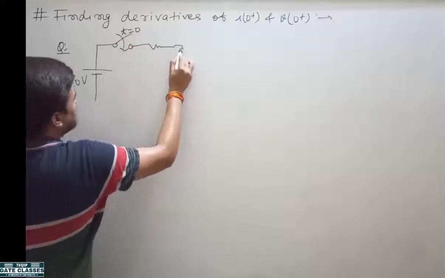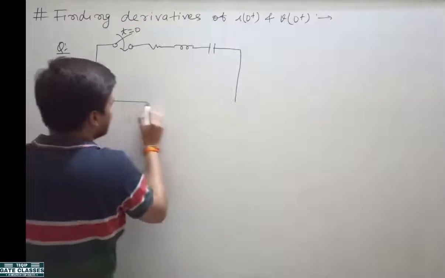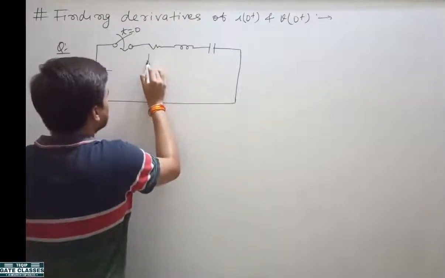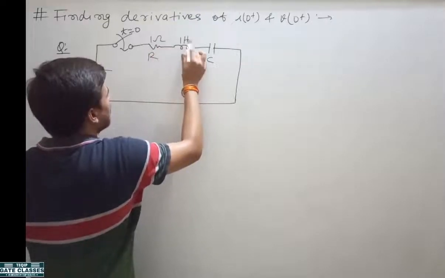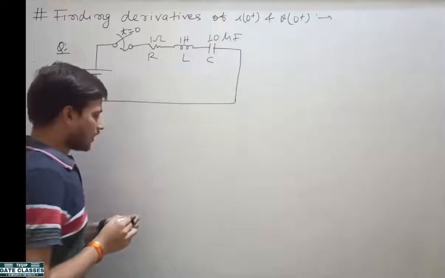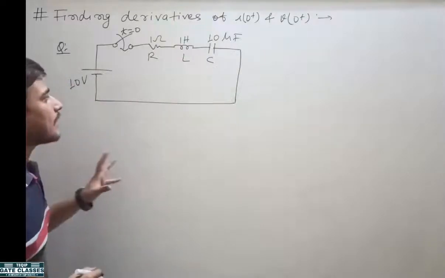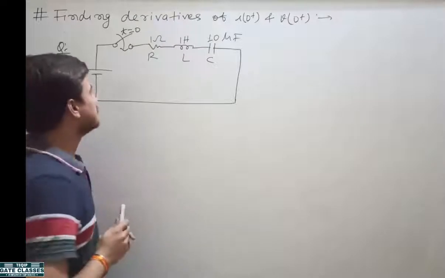You are having a resistor, inductor and capacitor. The values of R, L, C are 1 ohm, 1 Henry and 10 microfarad. So now we have to calculate the derivatives of I0 plus or V0 plus.